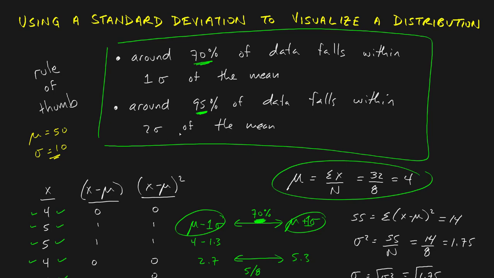And that's it. As I mentioned earlier on, this rule of thumb is going to become a lot more fleshed out later on in the course when we get to something called z-scores and z-tables and the normal distribution. For now, it just gives us 2 general points that we can mostly count on when we're dealing with data sets.